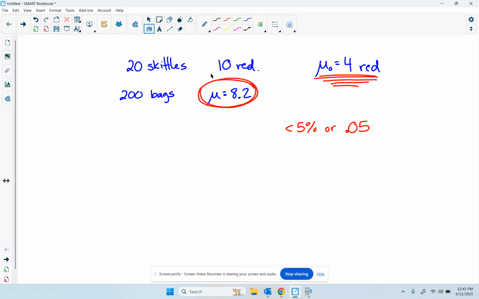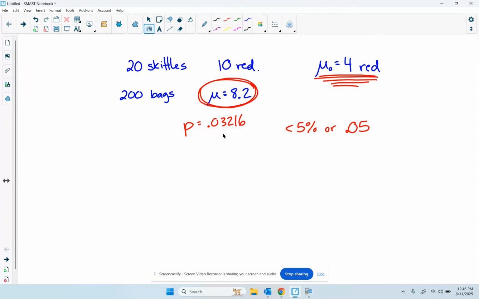The chance of that just randomly happening, if the Skittles are evenly distributed, let's say I calculate my p-value to be 0.03216. So the chance of that randomly occurring, if all the Skittles are evenly distributed, is 3.2%.